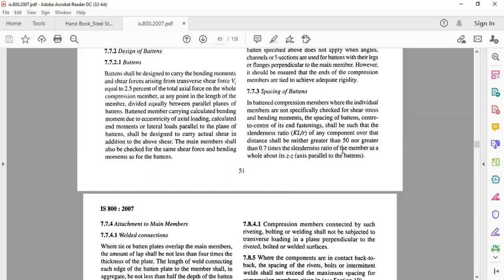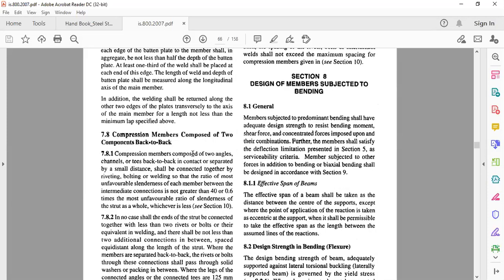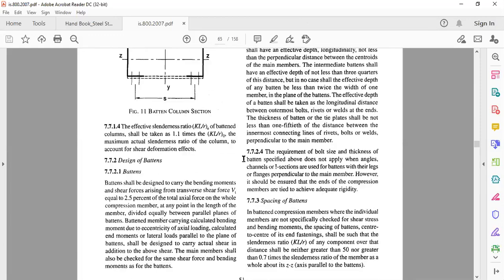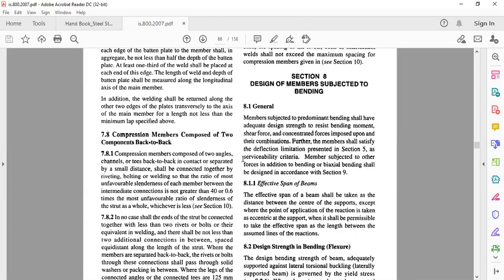So the spacing C, with C by RYY, should not be greater than 50 or else 0.7 times KL by R minimum, where KL by R minimum is 1.1 into KL by R minimum. Based on that, we are going to use these things when doing the design part. Now let us go to the problem. These are the things related to our batten design.